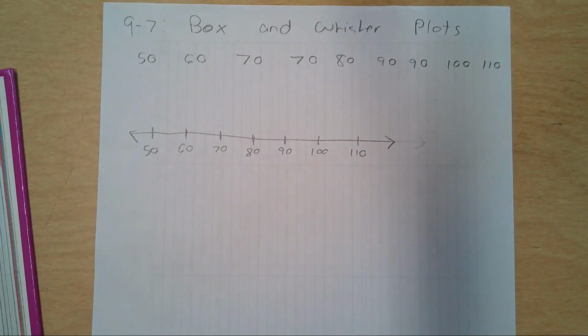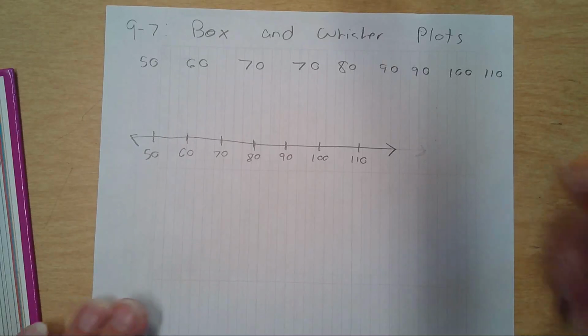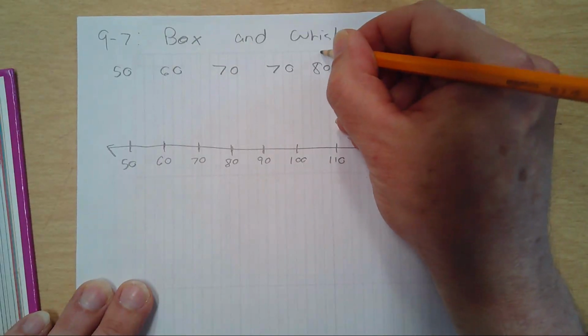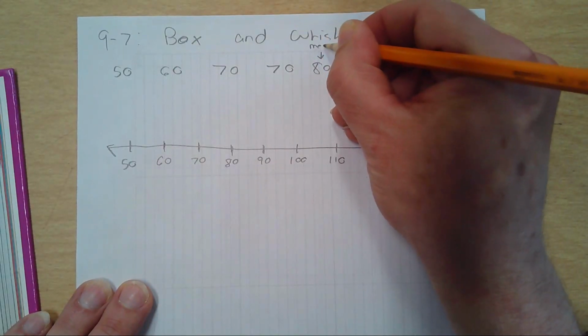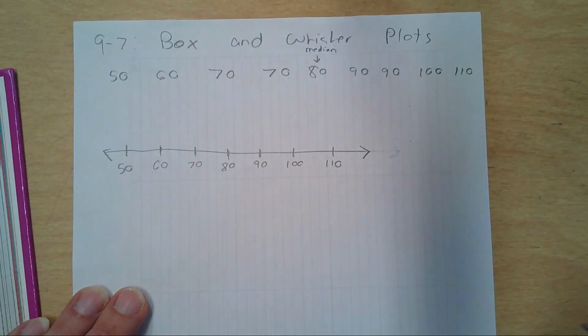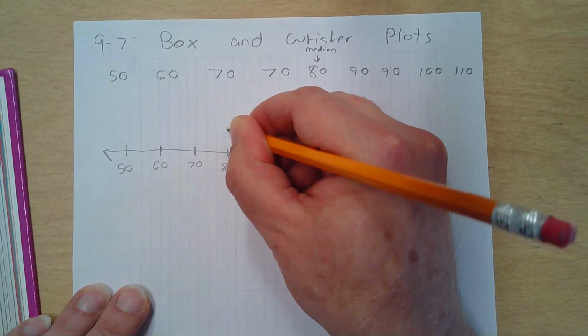So the first thing we want to do is figure out what the median of our data is. And again, the median is the middle value. There are 9 numbers here, so the median's pretty easy to find. It's right there, at 80. That's my middle number, and I want to make a dot about like that.